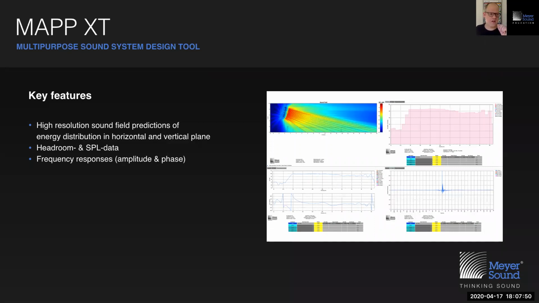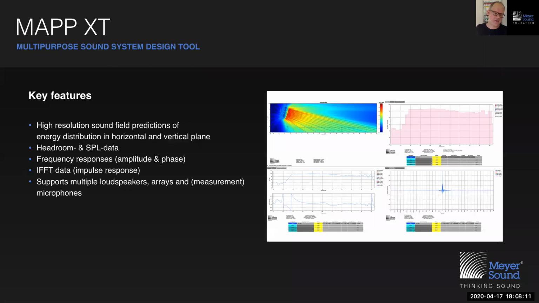And we discussed that at great length in a previous webinar, which you will also find on our YouTube channel, Thinking Sound. In addition, it shows you what is colloquially referred to as the impulse response, although we prefer to call it the IFFT, which stands for inverse fast Fourier transform, because it's calculated out of the transfer function. It's basically a 2nd generation transfer function.